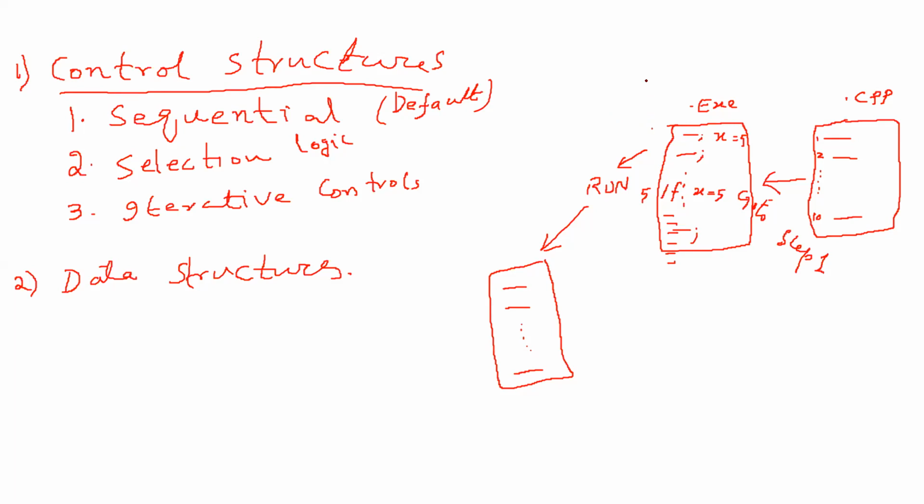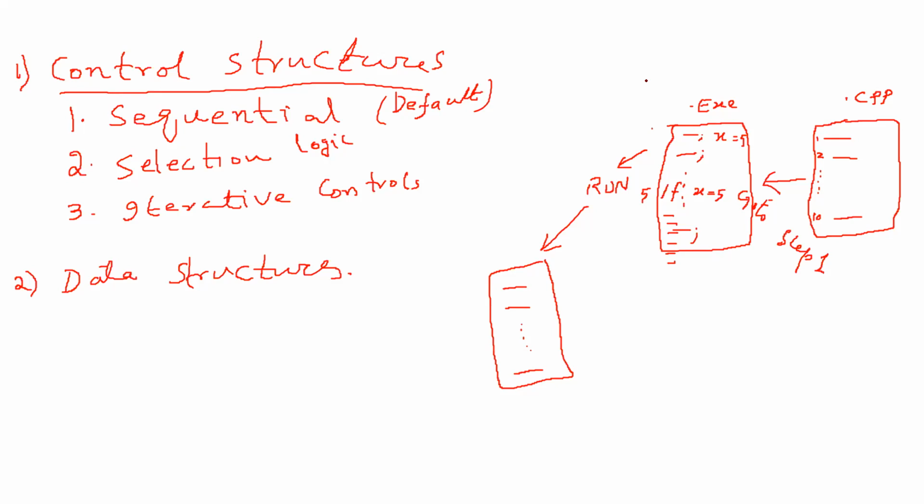So I am summarizing the 3 types of control. Sequential logic is a default logic, and we do not have to pass any special instruction to implement it, because the compiler and executor already know that the instructions will be taken one by one.